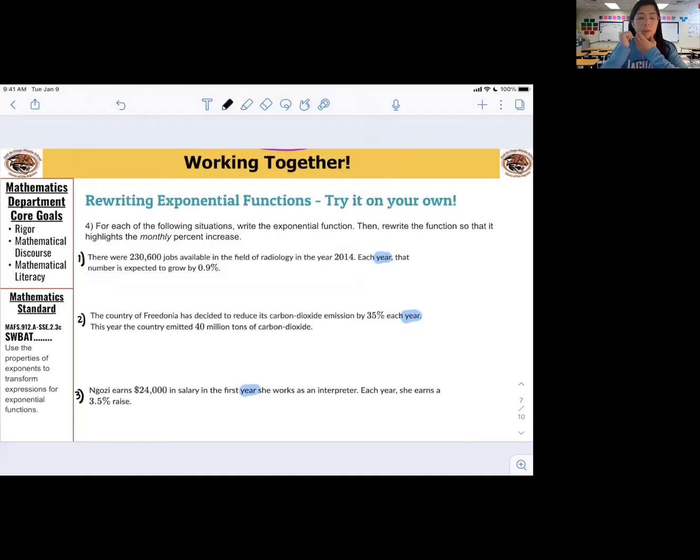Okay, before we begin, we need to write each function because none of these have the original function. So we're going to have to write the function and then convert the function. For all 3 of these, what number will I plug into the parentheses? 1 plus 0.9%? What exponent?